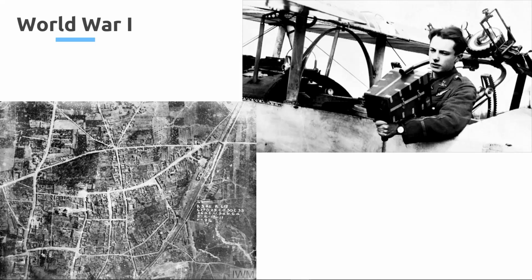World War I, I don't know if you all remember, I said this last week, a lot of these technologies were developed from war. GIS, remote sensing, a lot of it came from the military and was funded by the military initially. So aerial photography really began to rapidly advance during the First World War.